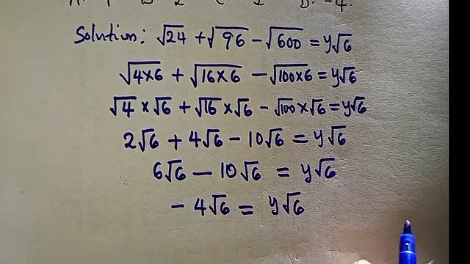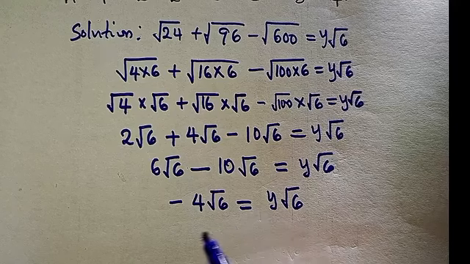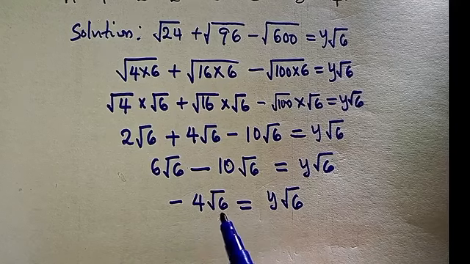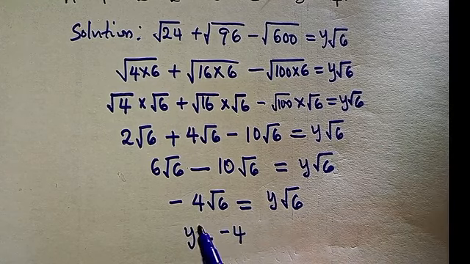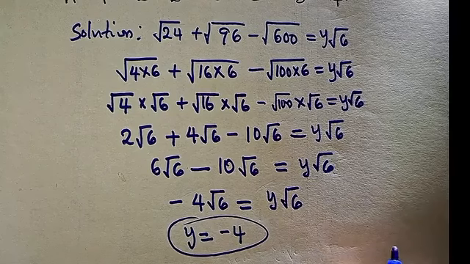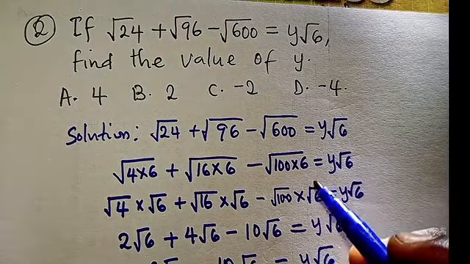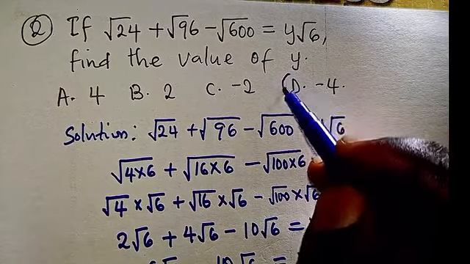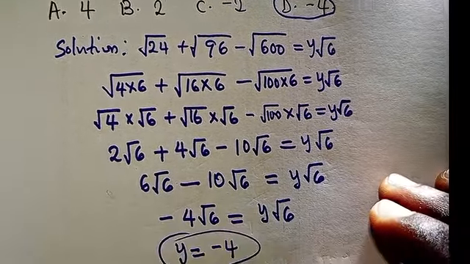Can you see what I'm saying now? When you do the comparison, this is root 6, this is root 6, so by comparison you can see that y equals minus 4, right? So that's the solution. Now let's check the options. You can see we have y equals minus 4, therefore option D is the solution to this problem.